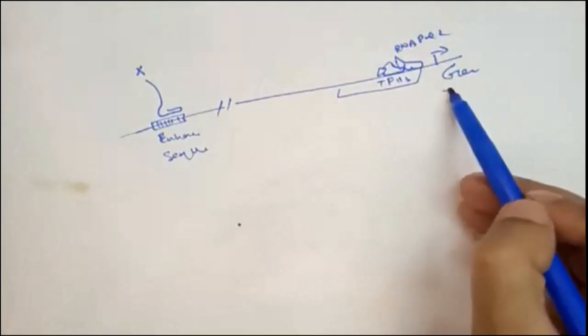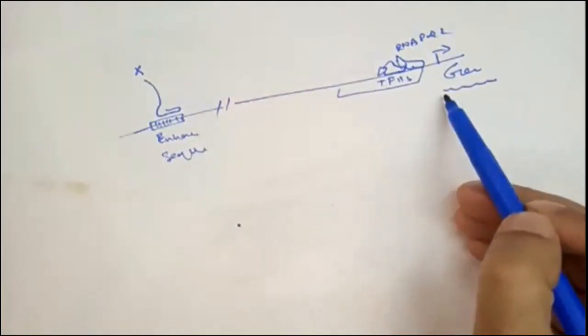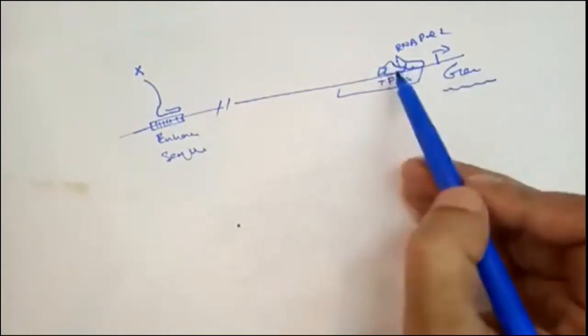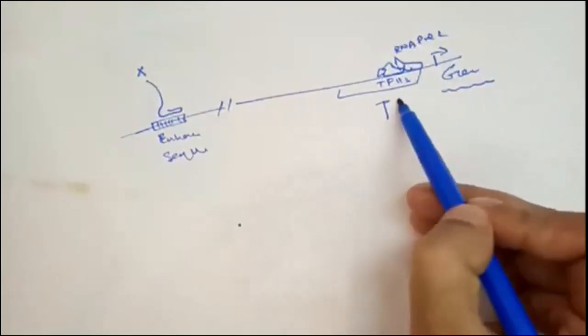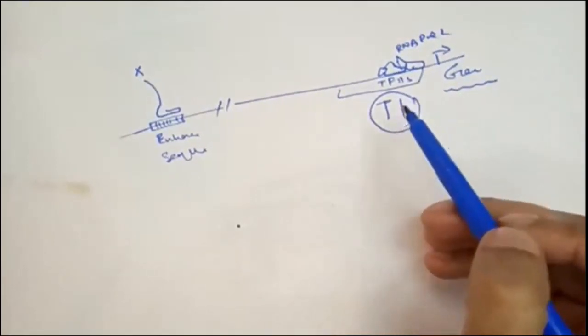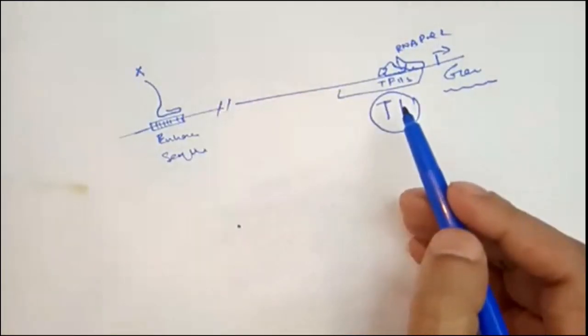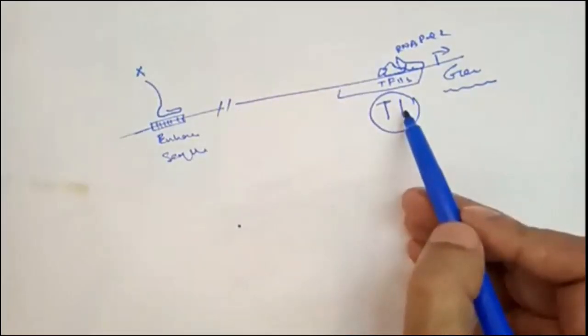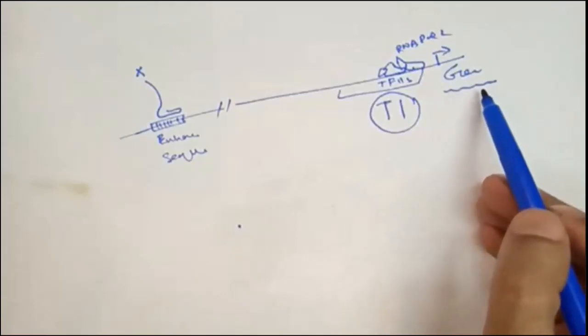This will produce a basal level of expression, and this is called the TI complex, the transcription initiation complex. This will produce a basal level of expression.